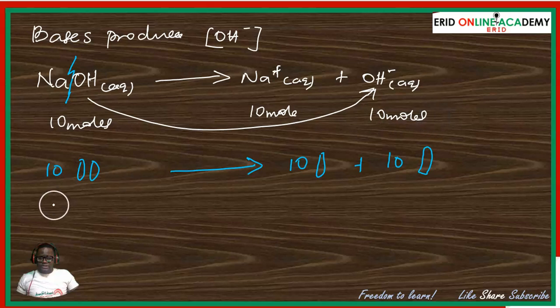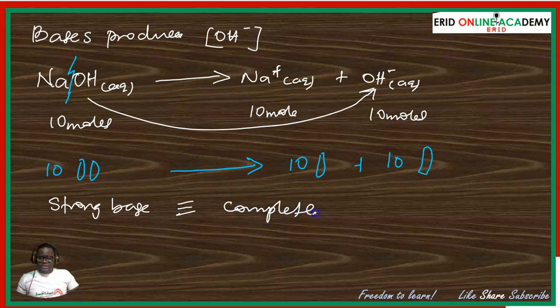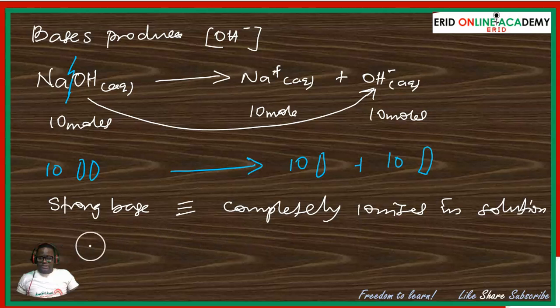Therefore, we can define a strong base as one that completely ionizes in solution. What that simply means is that all the ions will completely separate. So let me make it more pictorial.